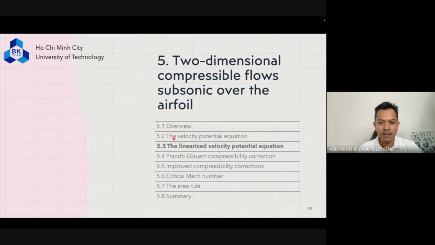So what are the limitations of the equation that we have derived together? With that, I think it's best for us to have a short break before we continue to section 5.3.